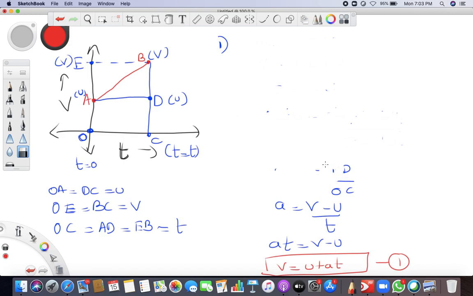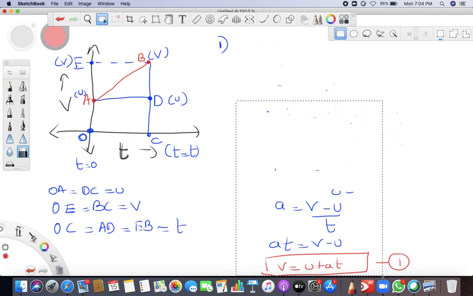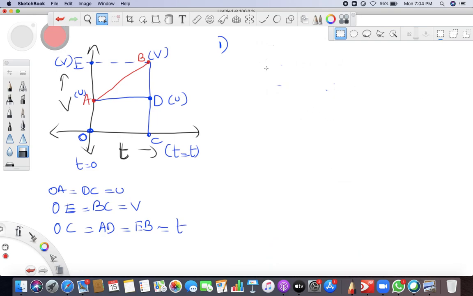So in the second equation, in order to find distance, we need to find the area.